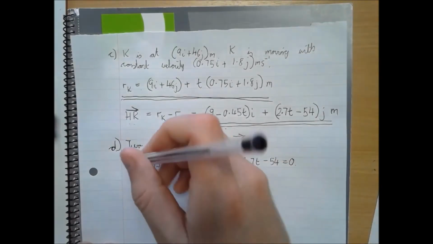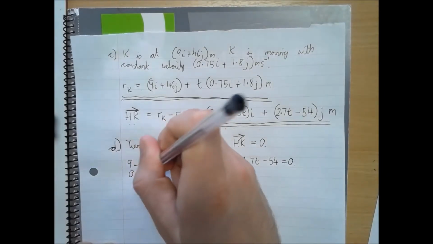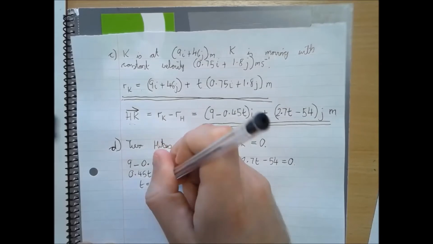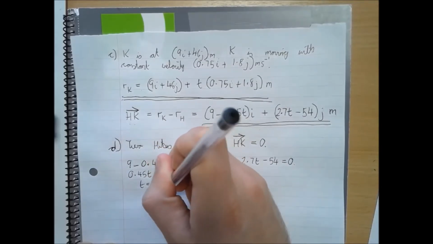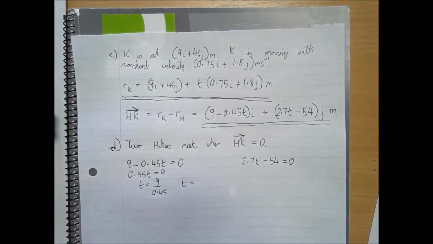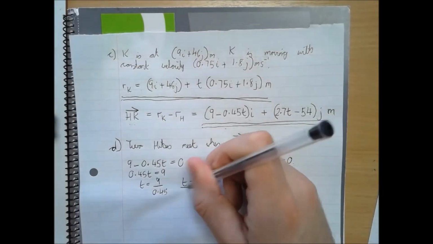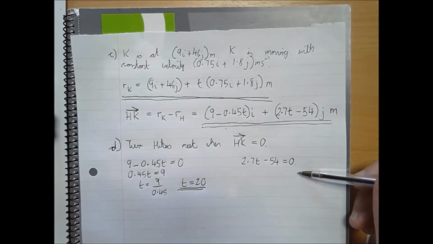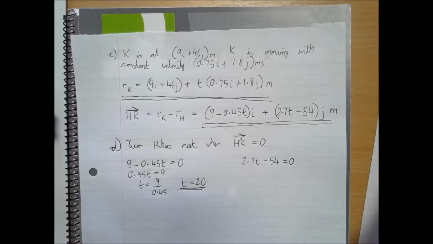So 0.45t equals 9, so t equals 9 over 0.45, and t becomes 20. Likewise for that one, if you rearrange it, t also equals 20.